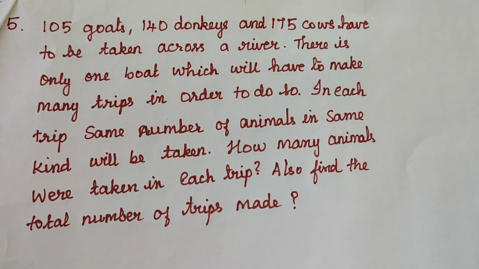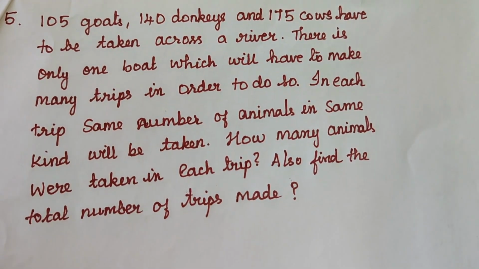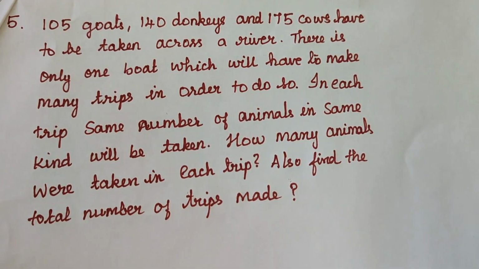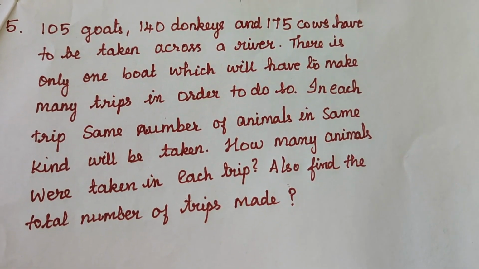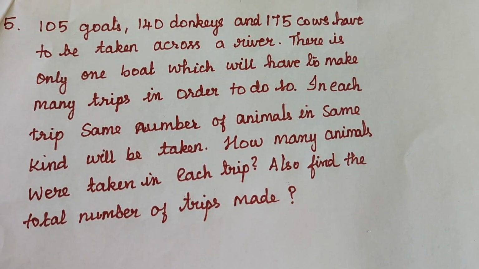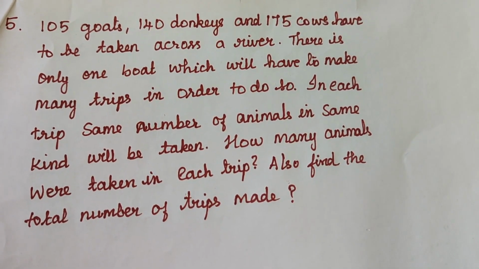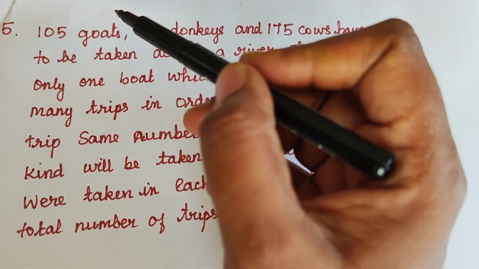Okay, only one boat is available. In that boat, in one trip, only goats will be taken, or only donkeys will be taken, or only cows will be taken. And the same number of animals will be taken each time. So how many animals will be taken in each trip? We need to divide the goats by a number.